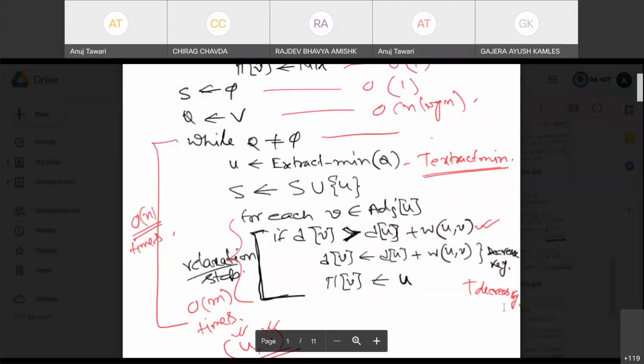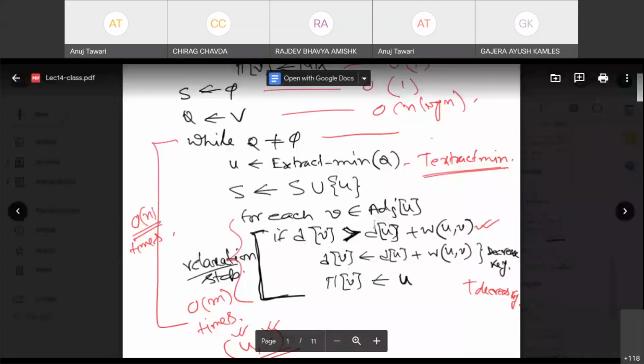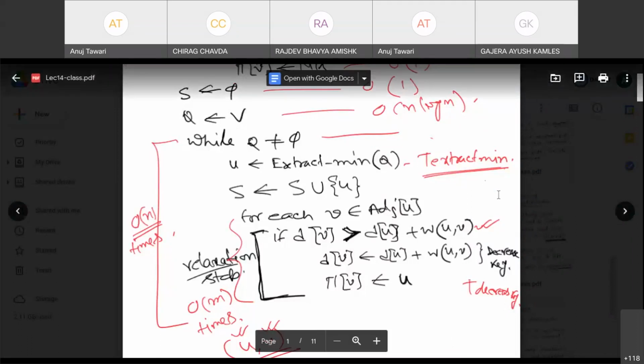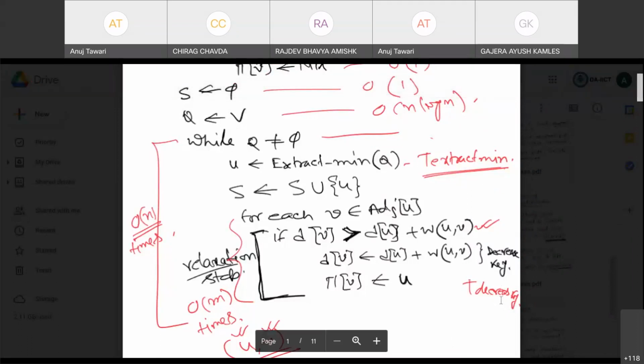So we'll use this decrease key operation in that case. And we are traversing the adjacency list, to see which vertices are adjacent to a particular vertex. That will go on for order of m many times. So big O of n extract minimum operations, and big O of m decrease key operations.